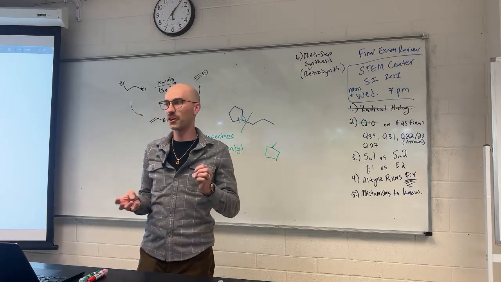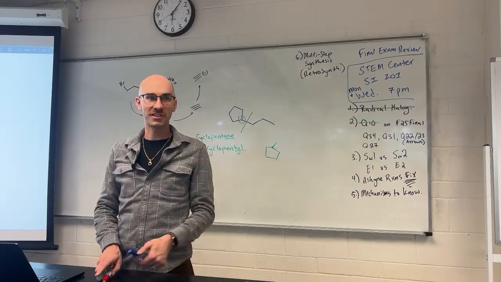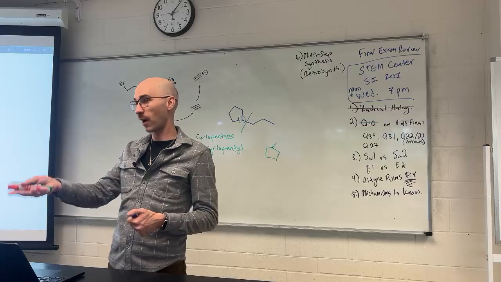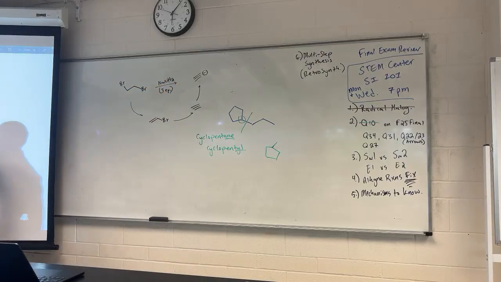And the word we use for it is tetra. Tetra substituted. It's not mono substituted or di substituted or tri substituted. It's a tetra substituted alkene versus mono, di, tri, or tetra. This one's tri substituted, less substituted than tetra, so less stable.